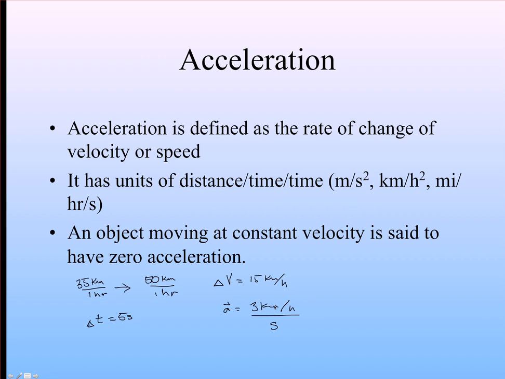Now, let's acknowledge that speed can be measured in kilometers per hour as well. It can be measured in meters per second. And so if we had been talking in meters per second the whole time, our acceleration would be a change of 3 meters per second every second, or 3 meters per second squared.